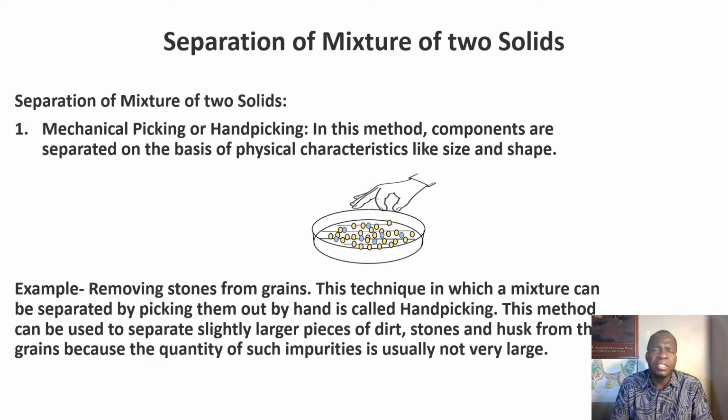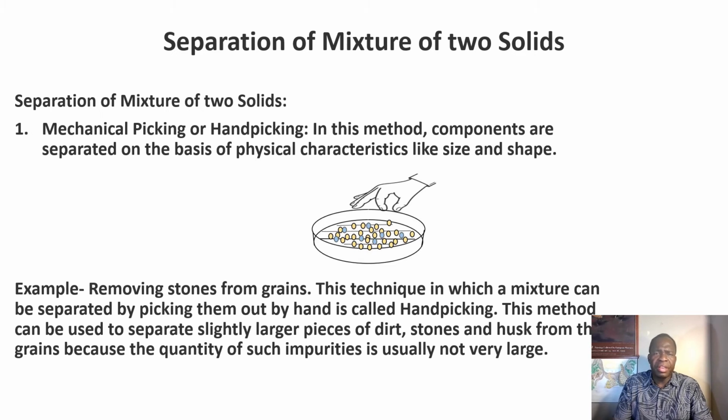This is what we are going to cover in this part of the lecture. We're going to start with the separation of a mixture of two solids. The first method you can use is called hand picking, or mechanical picking.